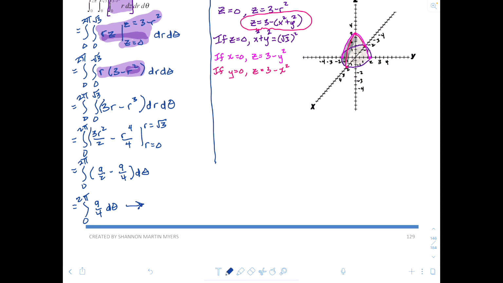So then we will have 9/4 theta, evaluated from theta equals 0 to theta equals 2 pi. The lower limit will zero out, so we will end up with 9 pi over 2. And that's in cubic units.